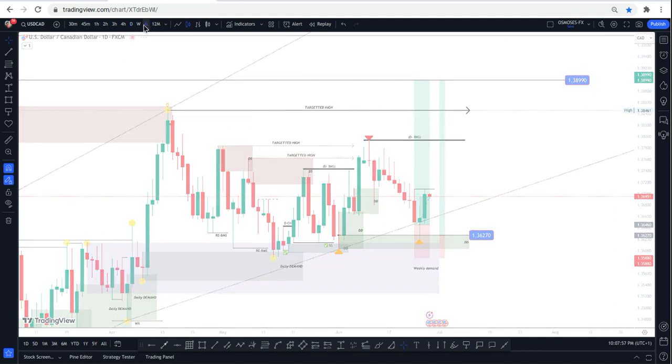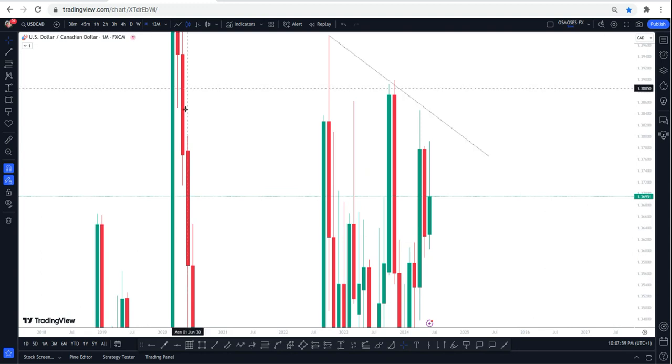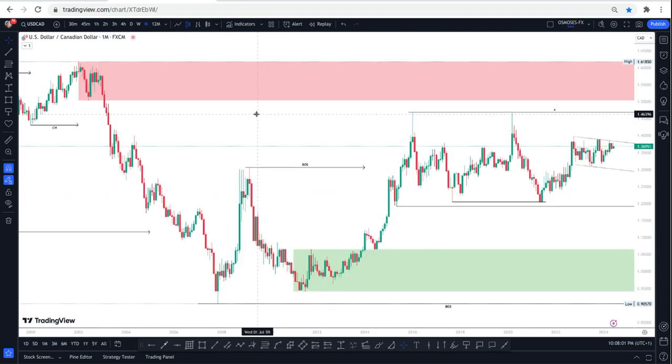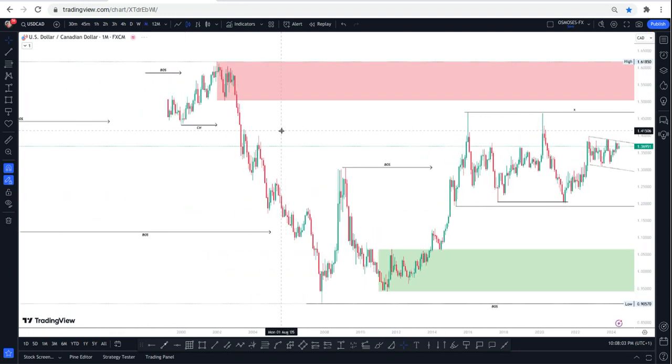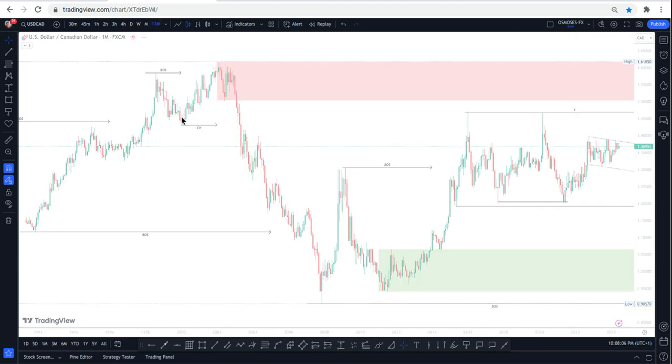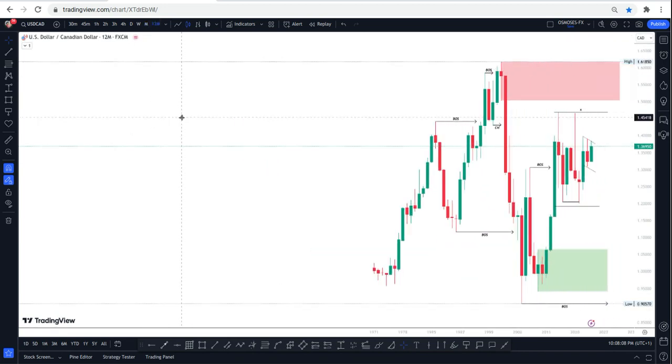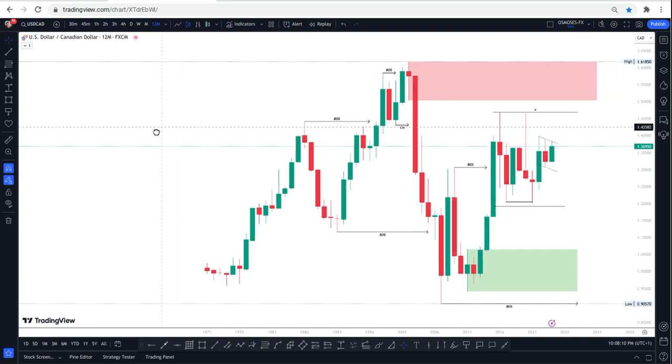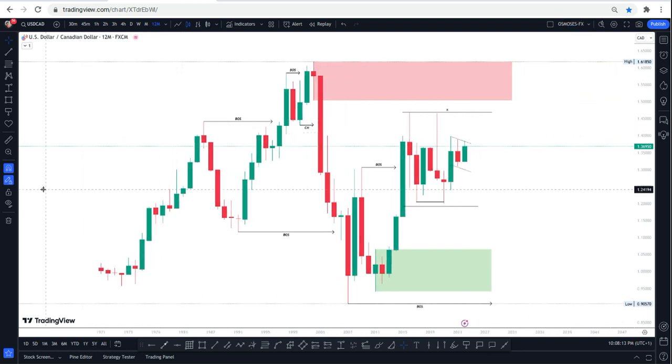So let's go down to monthly. From 12 month, let's look at what we have on a 12-month view. Now 12 month is looking really bearish because we have all lows cleared.